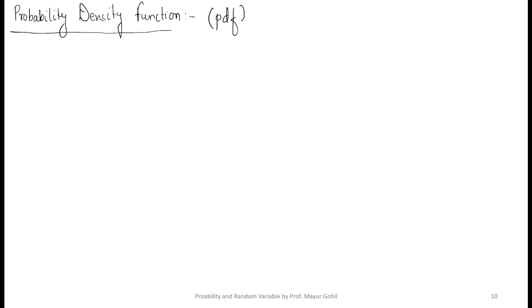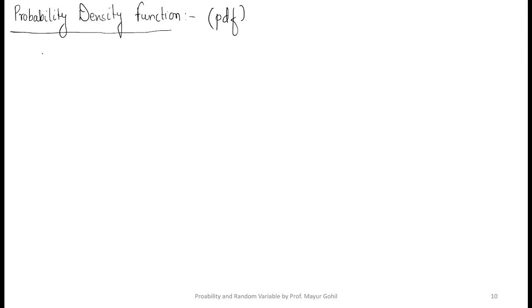In this video, we shall be seeing details regarding probability density function. Now, for probability density function, the first important thing is that we must have the random variable to be continuous.